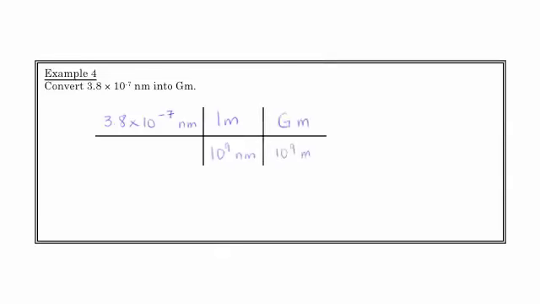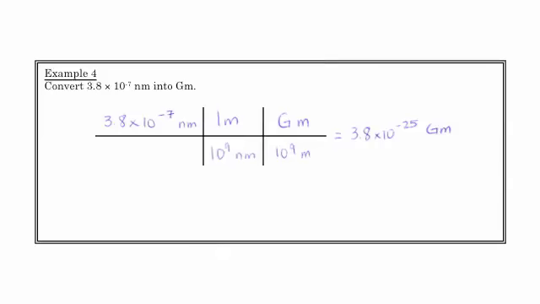So we'll draw another line, and we'll notice, oh, there's 10 to the 9th meters in every gigameter. So meters cancels with meters, nanometers is canceled with nanometers. All that we're left with is gigameters, and we can now say 3.8 times 10 to the negative 7. We can divide by 10 to the 9th, and then divide by 10 to the 9th again, and we get 3.8 times 10 to the negative 25 gigameters.